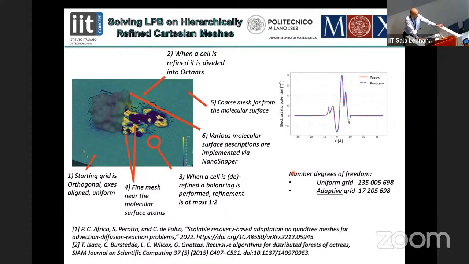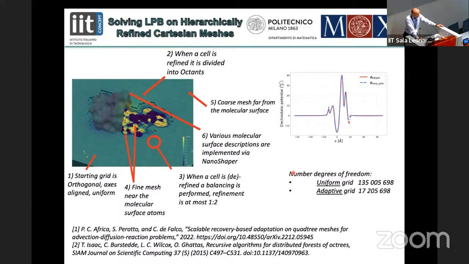In this case, anytime you have a cell and you think you need a better resolution, it's divided into octants. You can then either refine or de-refine. So you can simplify your mesh when you are getting closer to the boundaries of the box, because you don't need a very refined grid in that region.